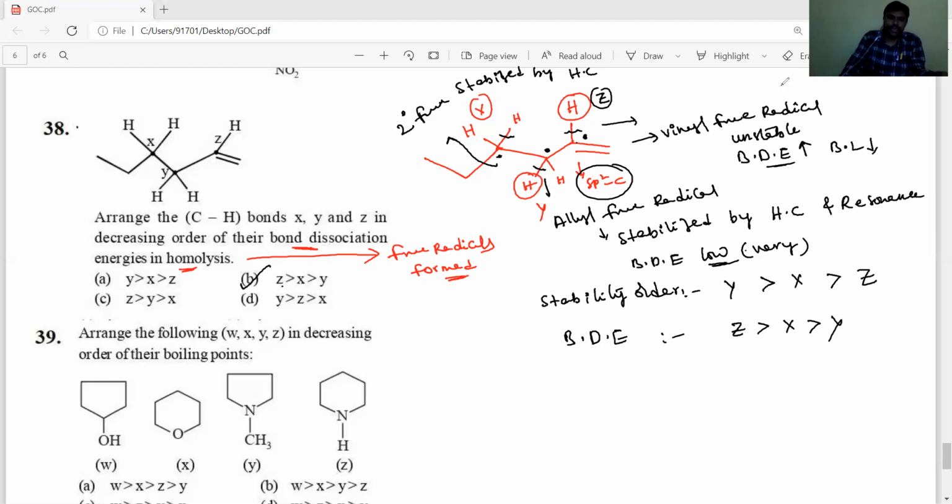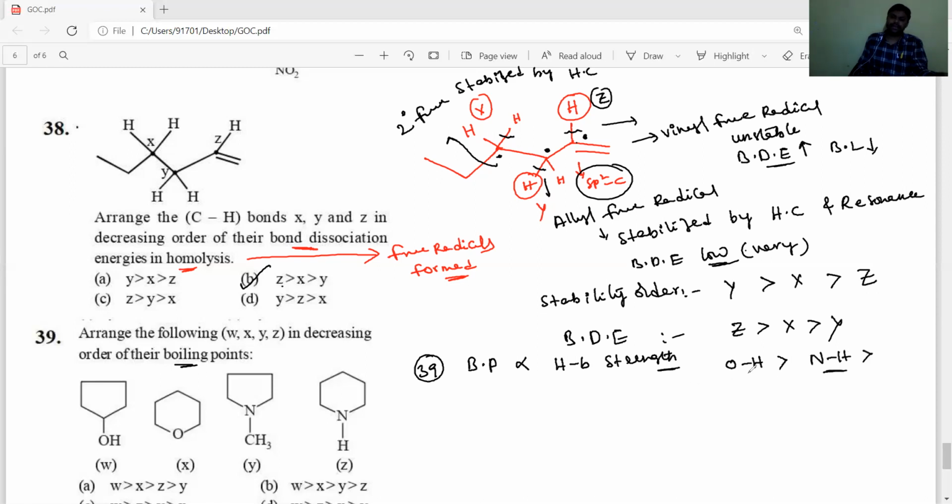Okay students, let's go for 39th question. So we have to identify the correct boiling points order. Boiling point is directly proportional to hydrogen bonding strength. This OH bond strength is more than NH, the nitrogen and hydrogen bond.